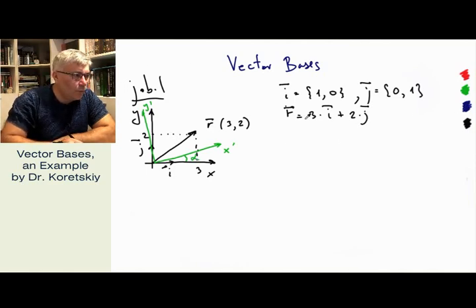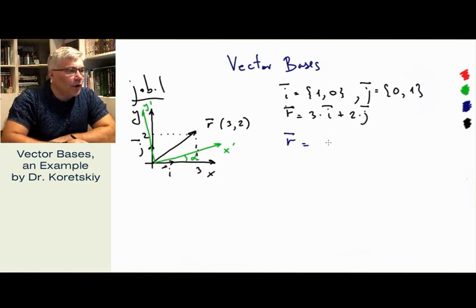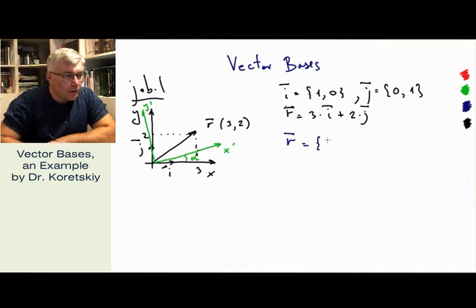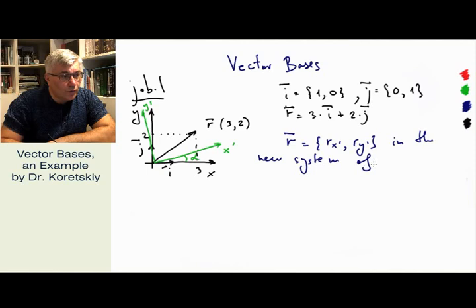X prime, y prime here, and here I have the alpha angle. So I want to rewrite vector r through the new components that the r vector has, r x prime and r y prime in the new system of coordinates.